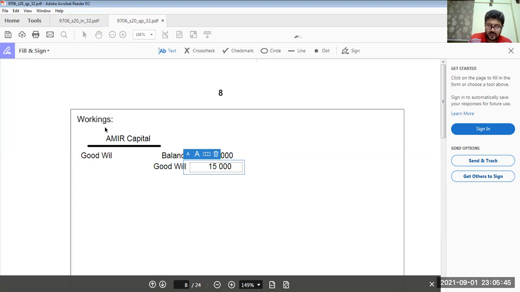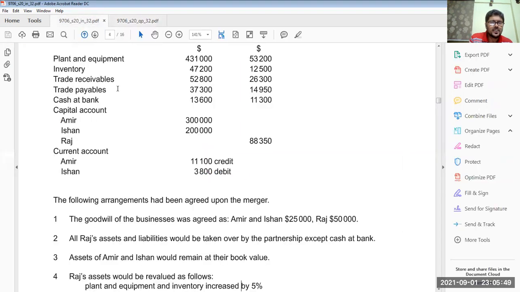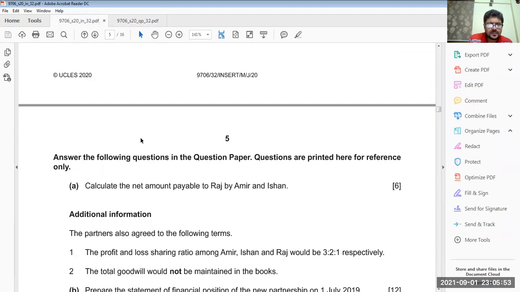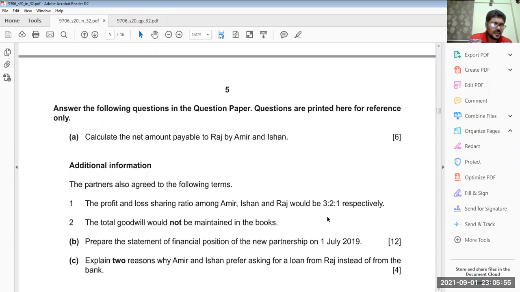Total goodwill of the firm. Now, it's going to be divided in the new partnership in the new ratio of 3 to 1, so multiply by 3 divided by 6. The answer is 37,500.